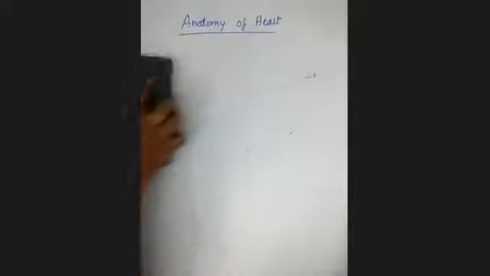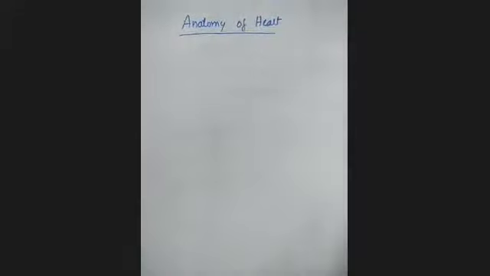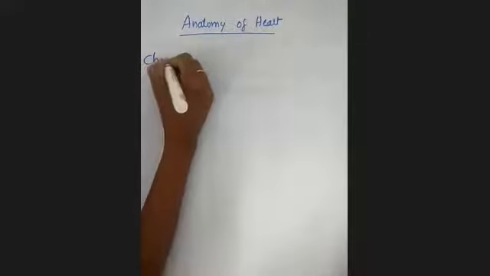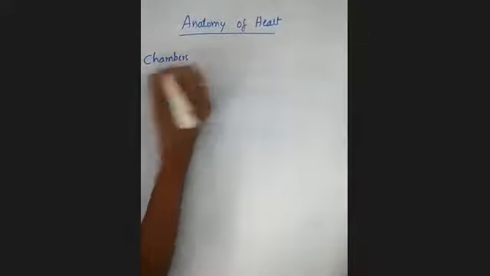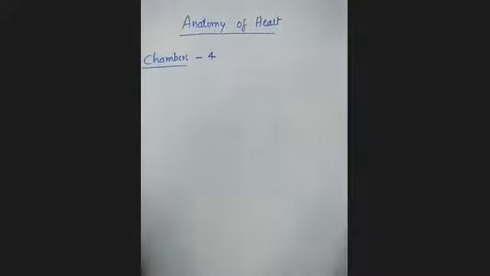I think you are all familiar with these different chambers of the heart, but we'll see about these chambers. Generally the heart has 4 chambers, 2 superior chambers and 2 inferior chambers.